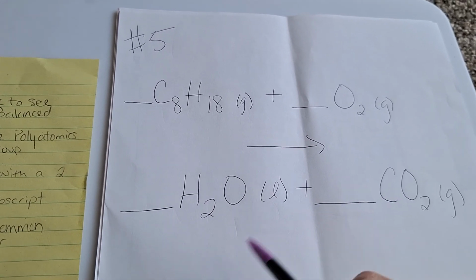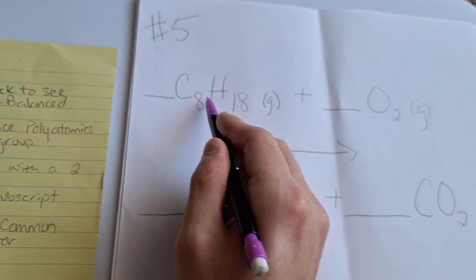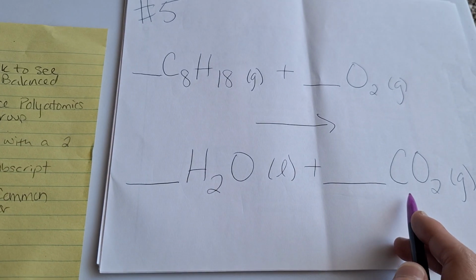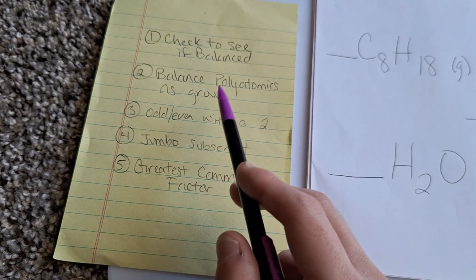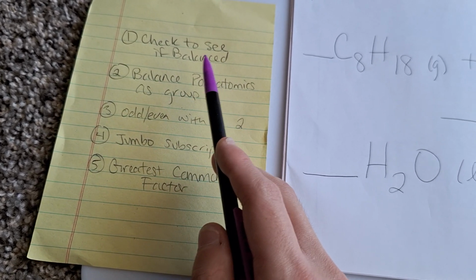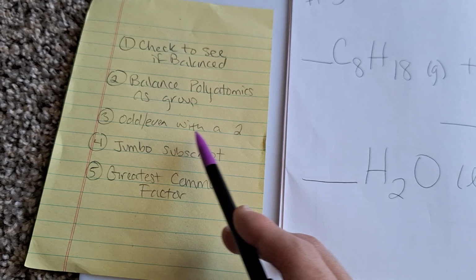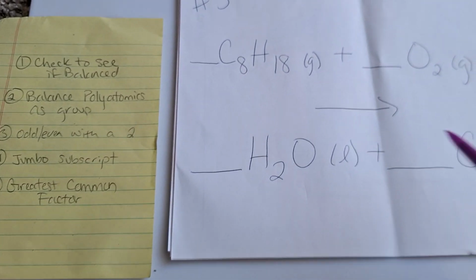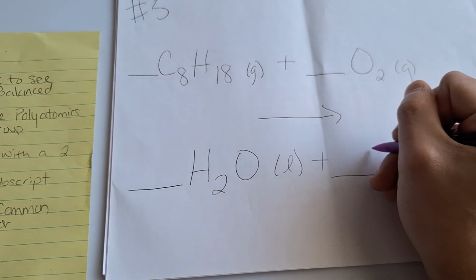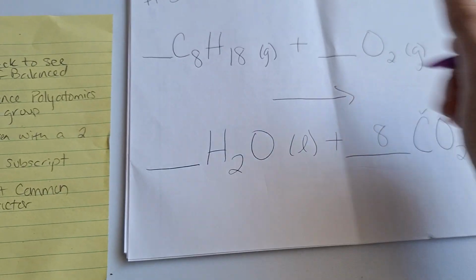Okay, so we have 8 carbons here, 1 carbon here. Jumbo subscript, because we don't have any polyatomics. It's not balanced, obviously, and we can't just simply do this with the 2. So now jumbo subscript. Okay, so we'll put an 8 down here. Carbons balance out.